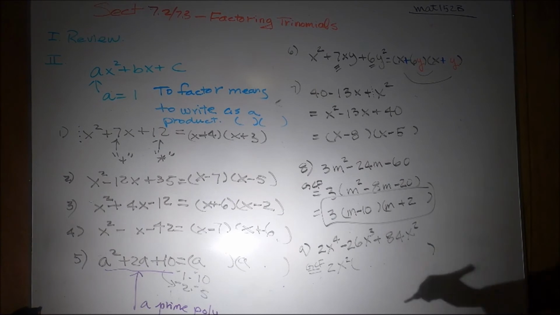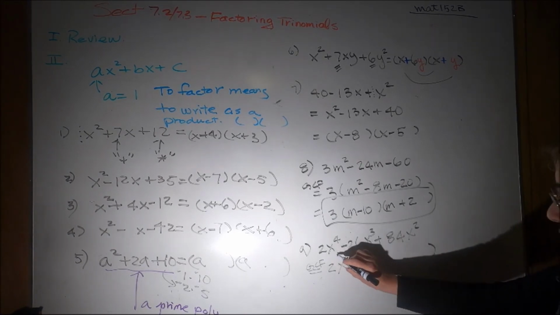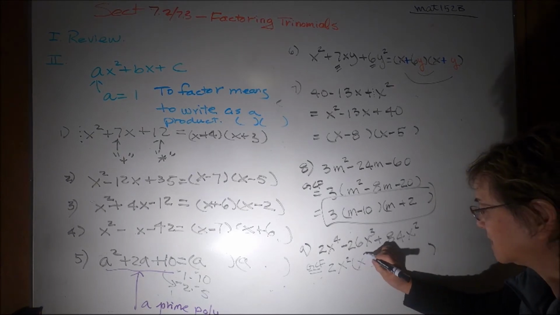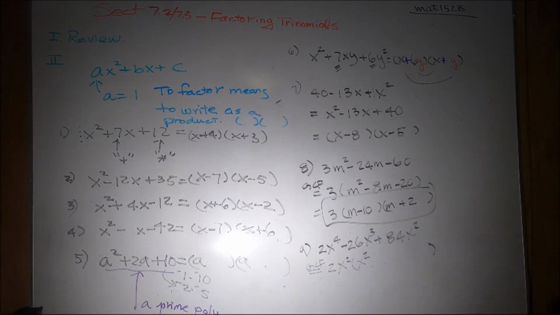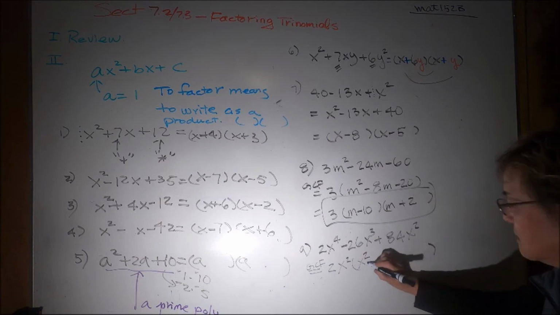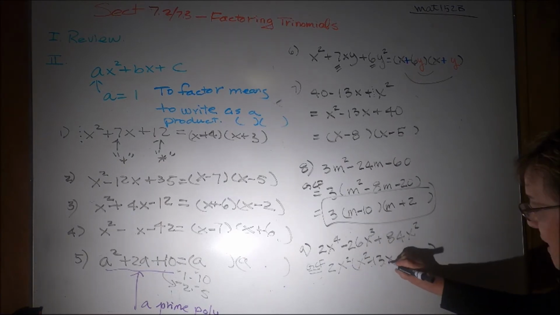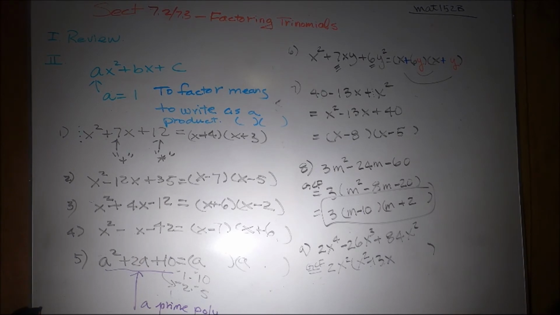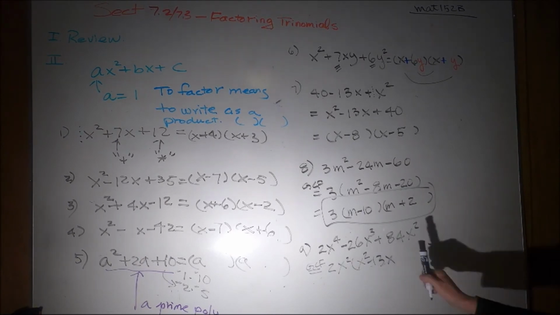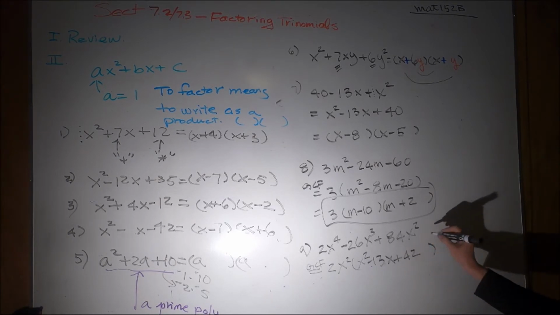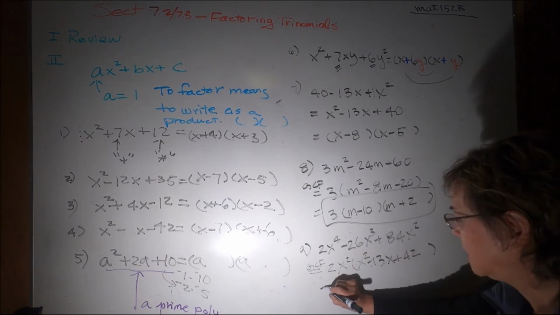If you do so, what's left? 2, take out x fourth, take out x squared, you have x squared, right? Then 26 minus 13, then x cubed, take out x squared, you have x left, right? Then for 84, take out 2, you have 42, then x squared, take out, you don't have any more.